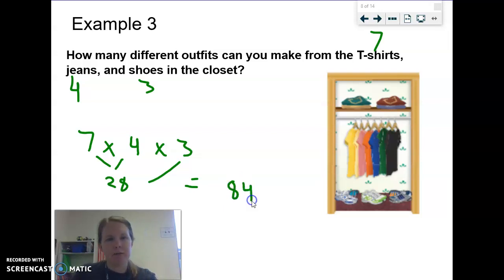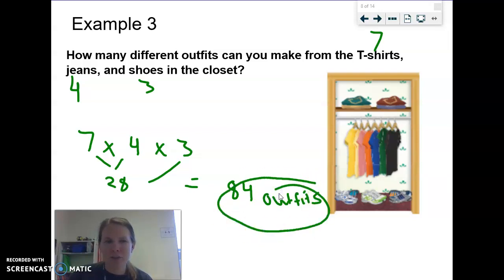I want to make sure I got that right. 28 times 3, 84. So I have a total of 84 outfits you could wear. So just by having 7 shirts, 4 pairs of jeans, and 3 shoes, yeah, that'd be crazy to see how many outfit choices you guys have.